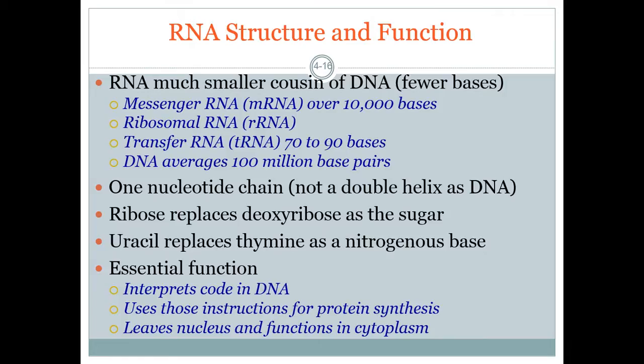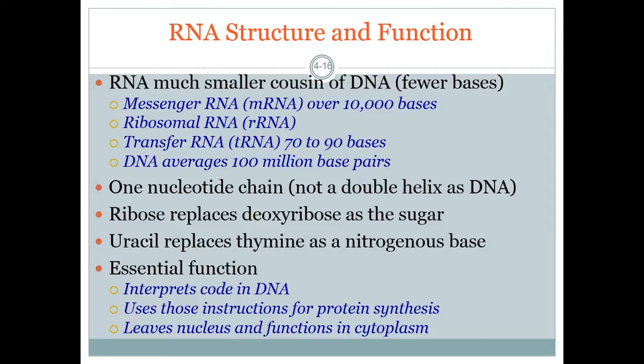We have our messenger RNA, abbreviated mRNA. We have our ribosomal RNA, or rRNA, and then we have our tRNA, which is our transfer RNA. The RNA and the DNA have significant differences, although both are nucleic acids.